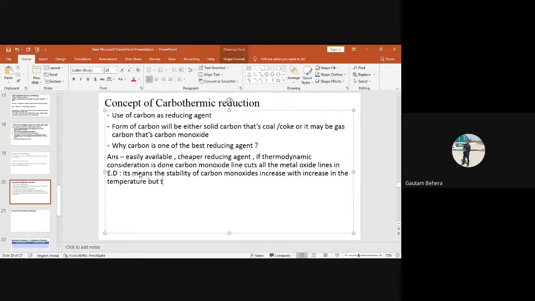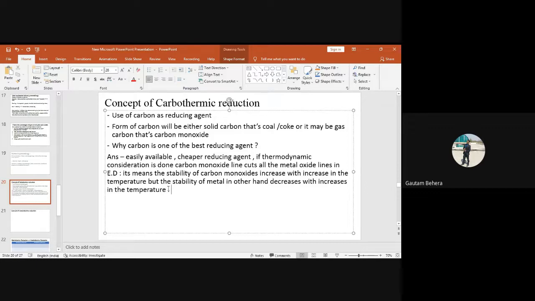But the stability of metal oxide, on the other hand, decreases with increase in the temperature. Okay. Fine.